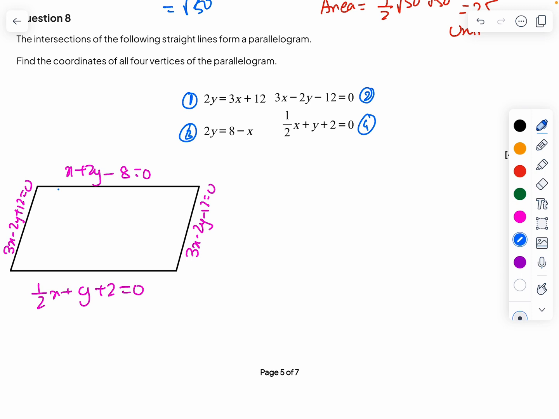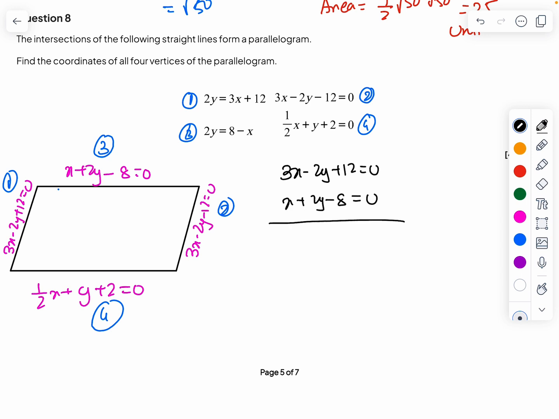First of all, I should solve equations 1 and 3. 3x - 2y + 12 = 0, x + 2y - 8 = 0. Solving them, 2y cancels, 4x + 4 = 0, x = -1.